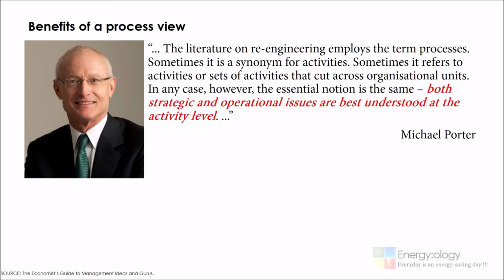He says the literature on re-engineering employs the term processes. Sometimes it is a synonym for activities. Sometimes it refers to activity or a set of activities that cut across organizational units. In any case, however, the essential notion is the same. Both strategic and operational issues are best understood at the activity level.